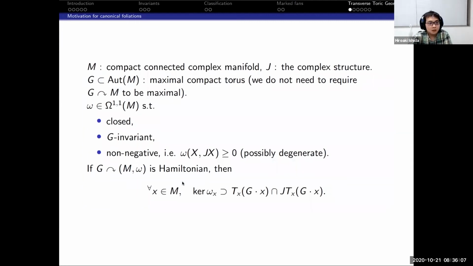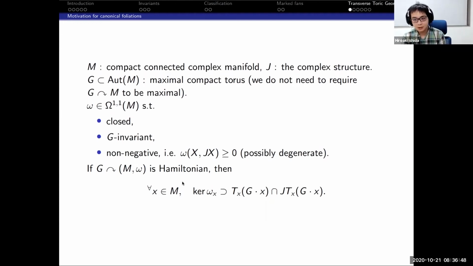Okay, now let me start to explain transverse toric geometry. We consider a foliation on a complex manifold, a very special foliation, the so-called canonical foliation. So let me explain the canonical foliation and the motivation for it.